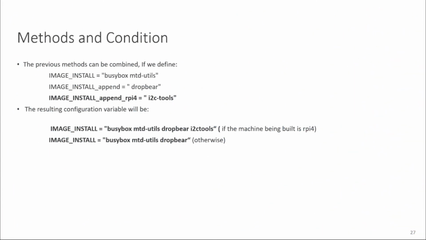So let's look at what we will have if we combine all these methods. If we have IMAGE_INSTALL with busybox and mtd-utils, and then IMAGE_INSTALL_append with dropbear, and then IMAGE_INSTALL_append_rpi4 with i2c-tools, the resulting configuration variable will have i2c-tools only if the machine is RPi4, Raspberry Pi 4, otherwise not.